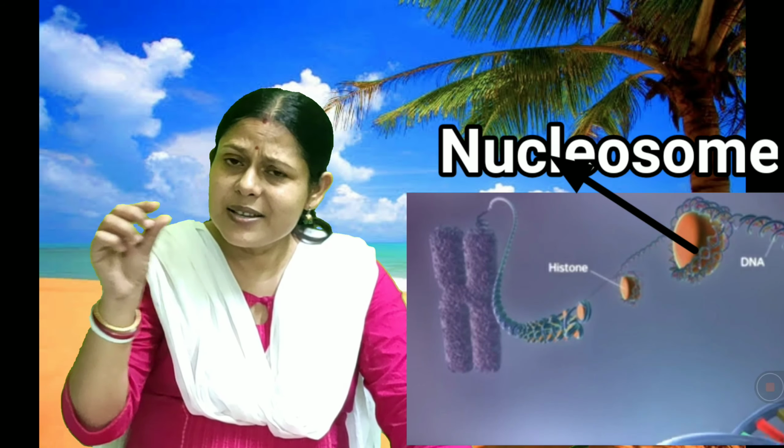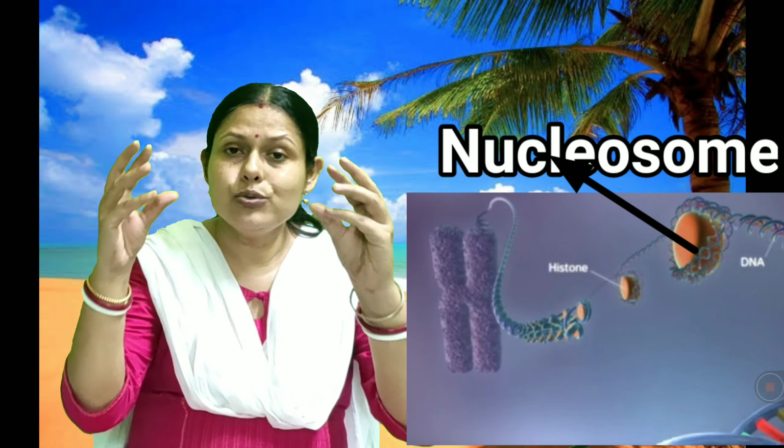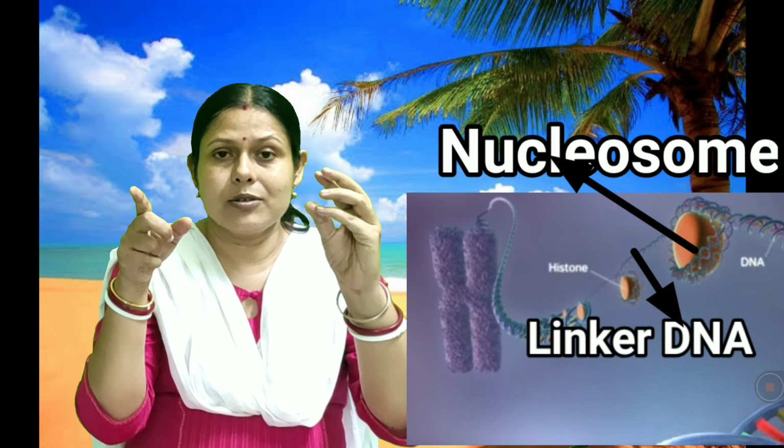Now this unit of the DNA winded around 1 and 3/4 times along with the histone octamer, the single unit, is called a nucleosome. And there are several nucleosomes within the chromatin threads, and between two nucleosomes there is a linker DNA also.